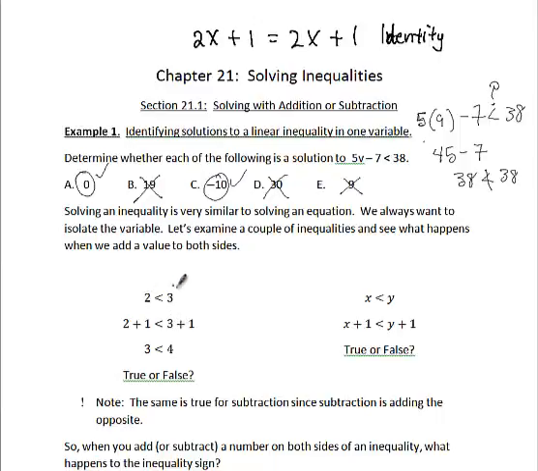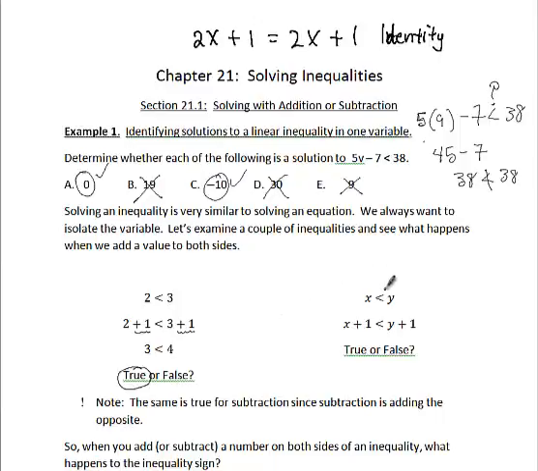So if we start in this case with 2 less than 3, which is true, and we perform an operation to one side, we add 1, then we must do it to the other side with the same number. And so if we started with a true inequality and we perform the same operation with the same number to left and right, we end up with a true inequality.